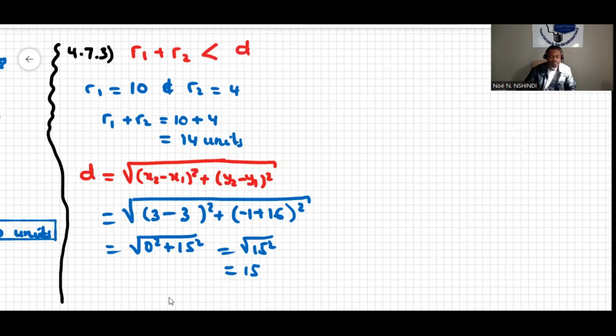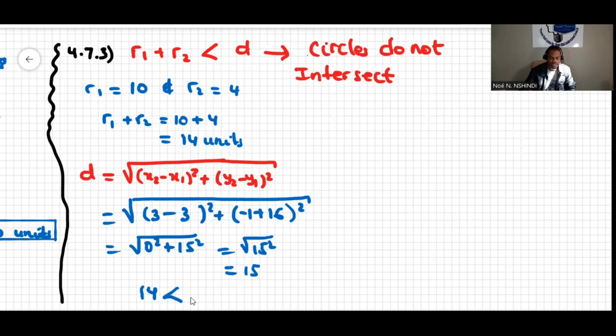If the sum of the radii is lesser than the distance between the centers, then the circles do not intersect. And this is the case because the sum of the radii of the two circles is equal to 14, and 14 is lesser than 15, the distance between the centers.